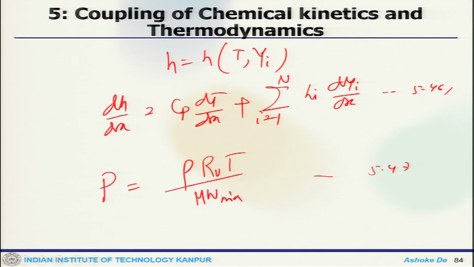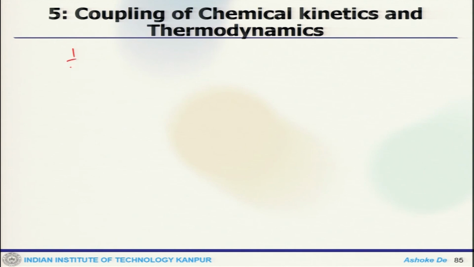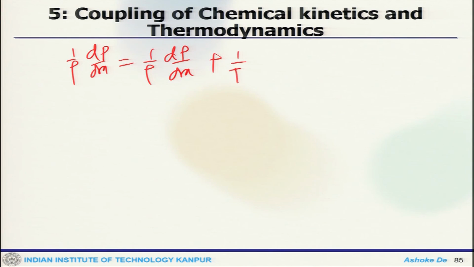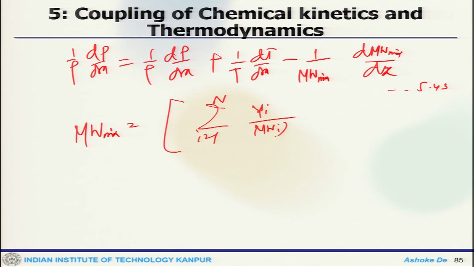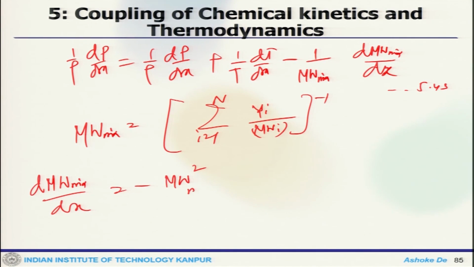So, these are the set of equations, and so one will get 1 by P dP by dx equals 1 by rho d rho by dx plus 1 by T dT by dx minus 1 by molecular weight of the mixture dMW mix by dx, where MW mix equals summation of i equals 1 to n of Yi by MWi, inverse, and dMW mix by dx equals minus MW mix square summation of 1 by MWi dYi by dx.